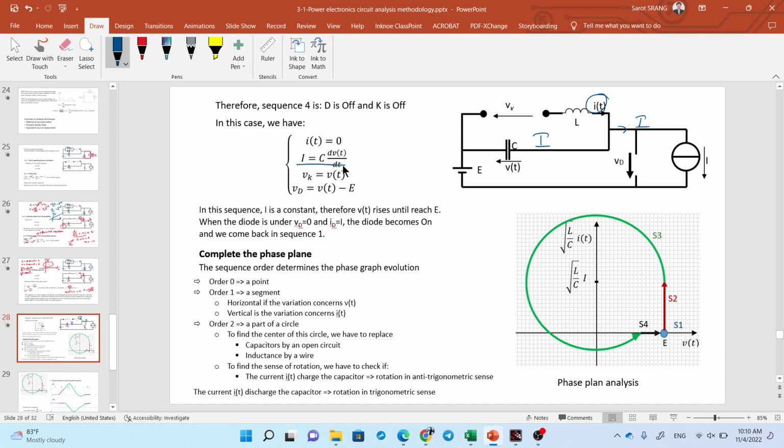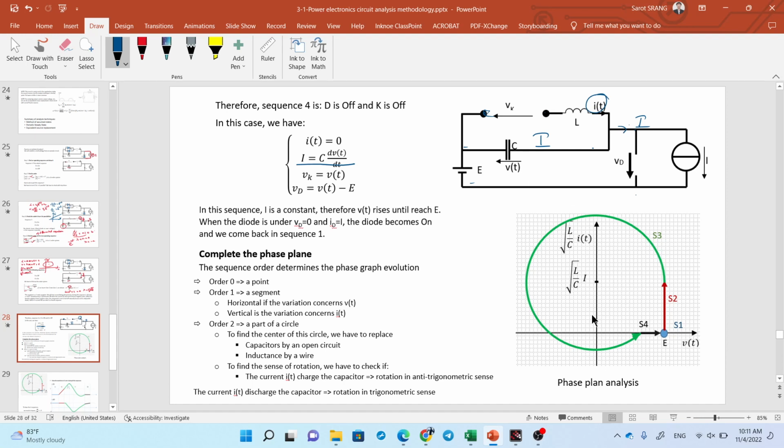So that you have this relationship between I and voltage of the capacitor. And voltage VK here is parallel with the voltage V here, and parallel with E. Oh, sorry, not E anymore, because you have this one. You have this voltage here.